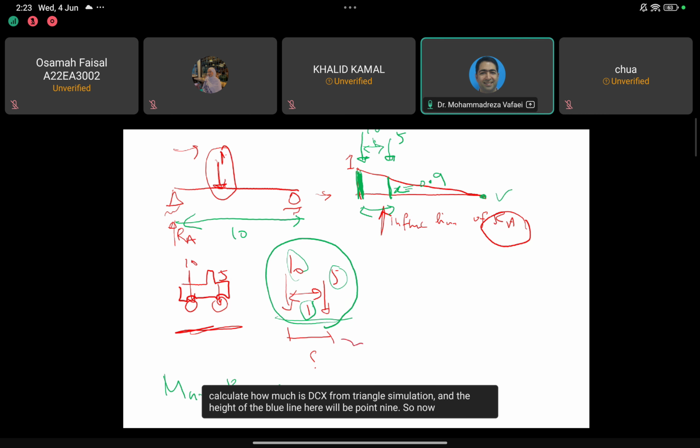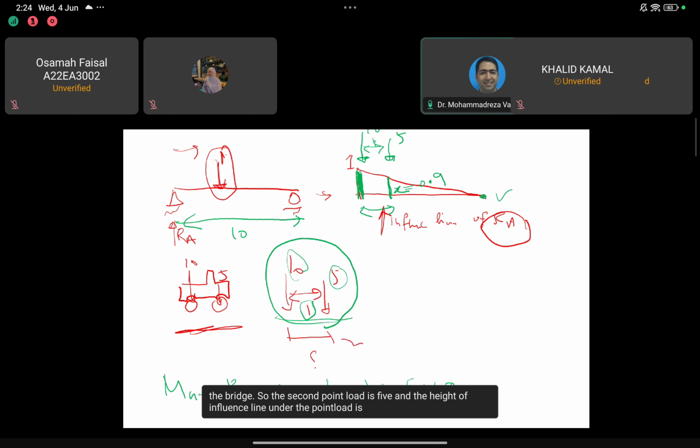So now if you want to calculate the maximum RA, the only thing that you need to do is to multiply the intensity of the load, which is 10, by the height of the influence line, which is 1, and repeat it for the point loads that you have on the bridge. So the second point load is 5, and the height of the influence line under the point load is 0.9.